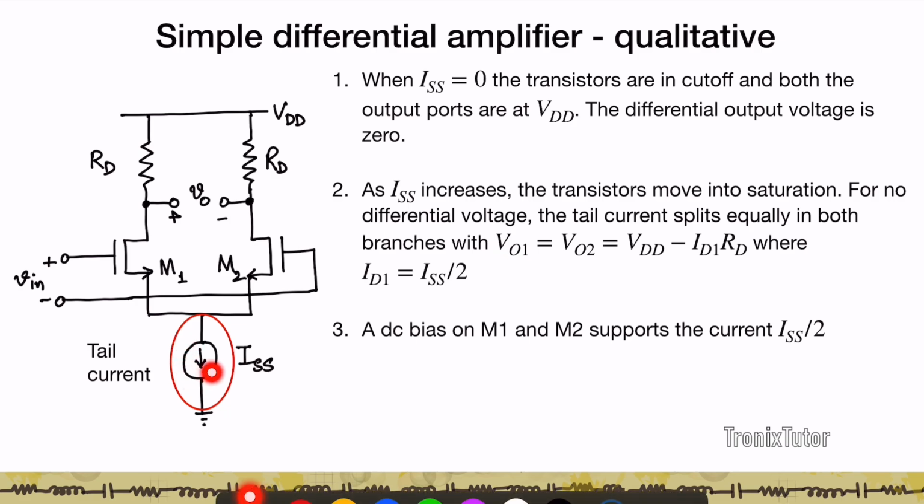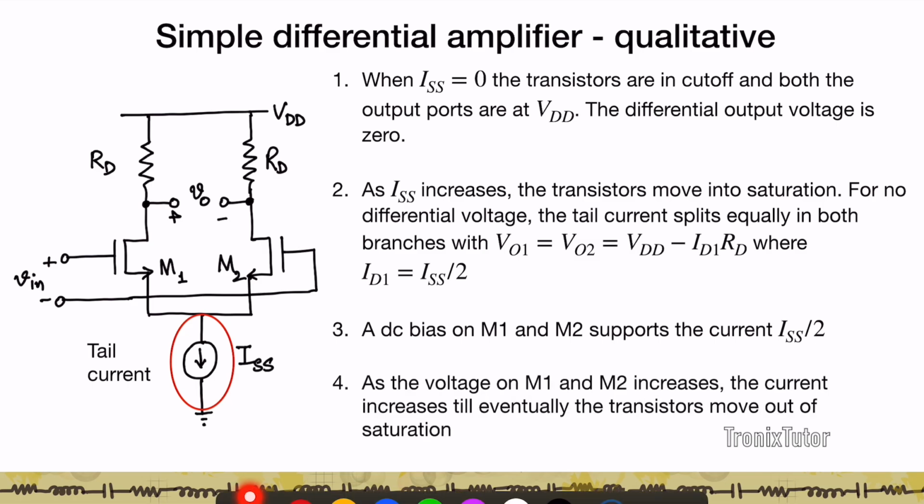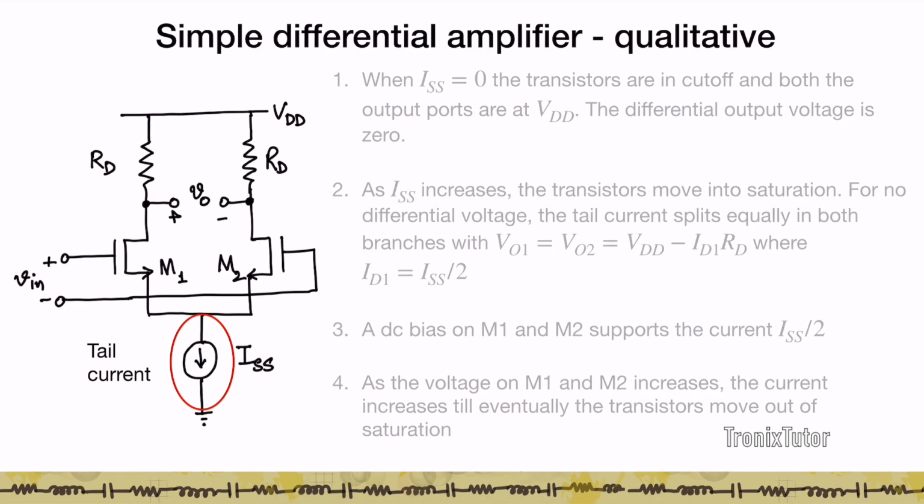As this ISS by 2 flows through M1 and M2, you need an overdrive voltage on M1 and M2 to support that current. As you increase the overdrive voltages of M1 and M2, you can support more and more tail current. And eventually, as the gate voltages of M1 and M2 increase, you tend to push M1 and M2 out of saturation into the triode region.